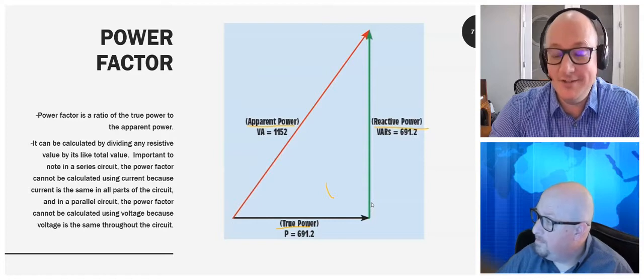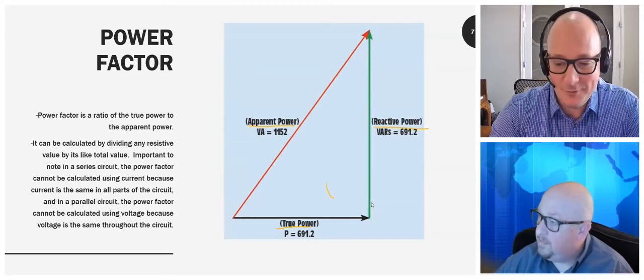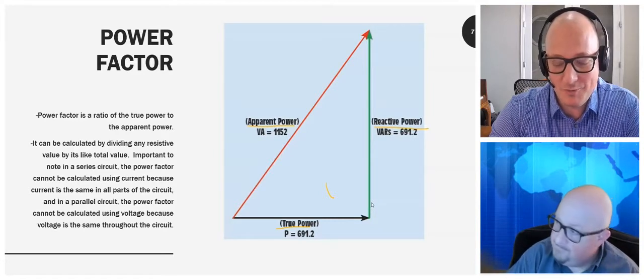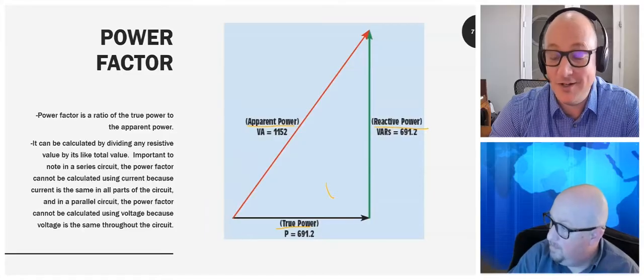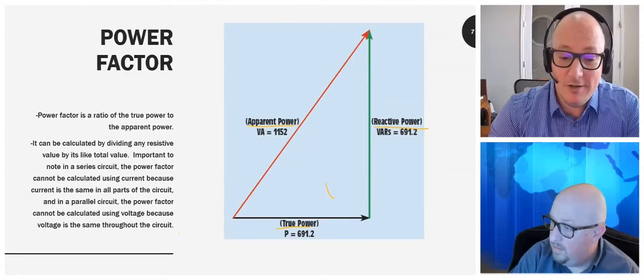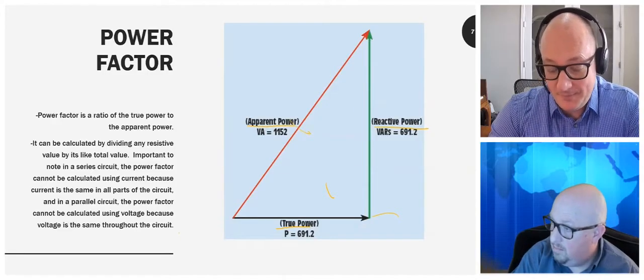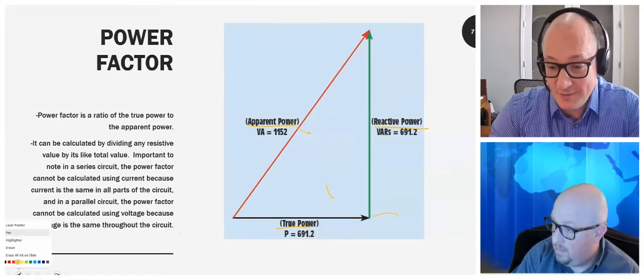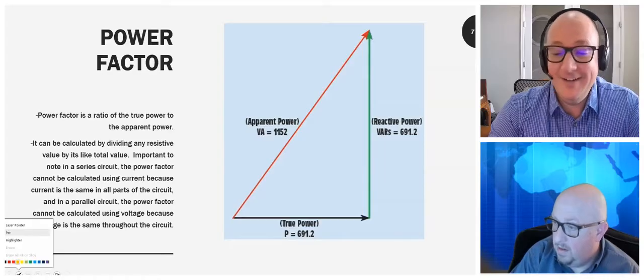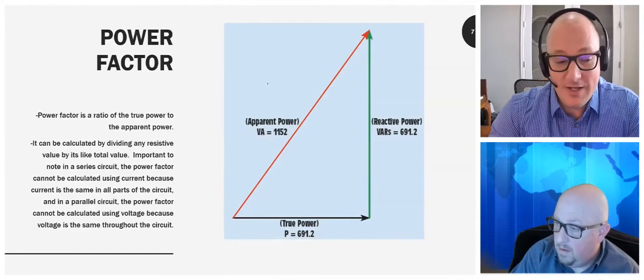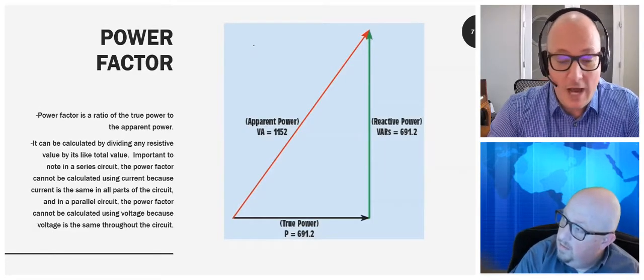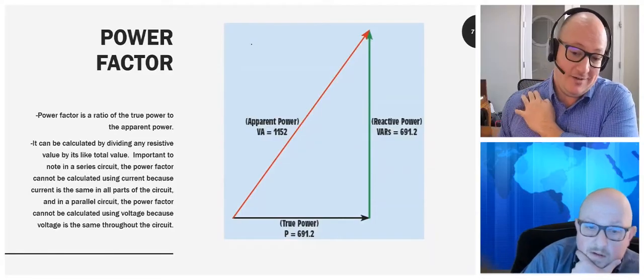So to keep things simple, it's always the little number on top of the big number. Power factor is just that ratio. I'm comparing true power to apparent power. It's going to result in a decimal fraction, and when multiplied by 100, that's how we determine how good your power factor is, right?